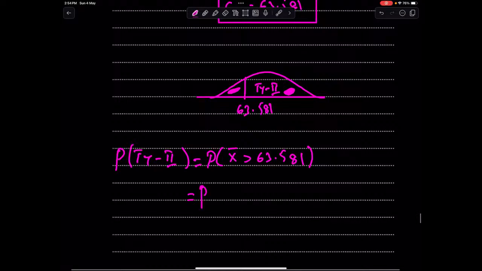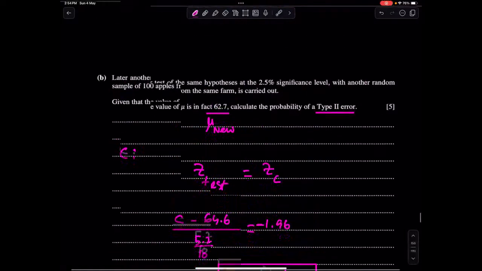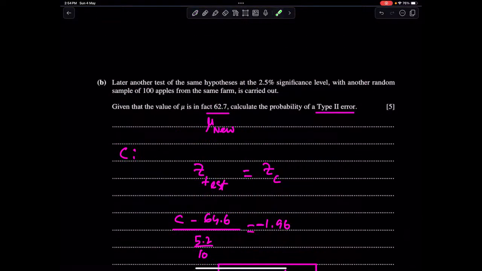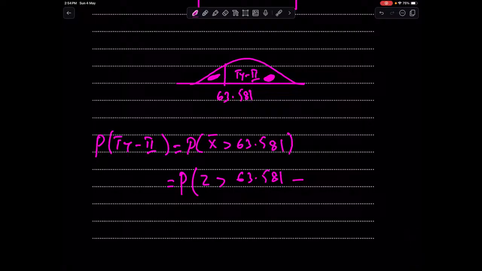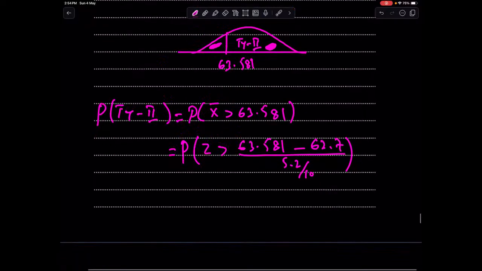Now remember, you have to use the new mean here, and this is the new mean, 62.7. Use this value here, and the standard deviation was unchanged. So this will give you the probability of type 2 error.